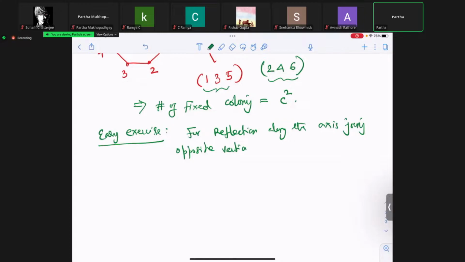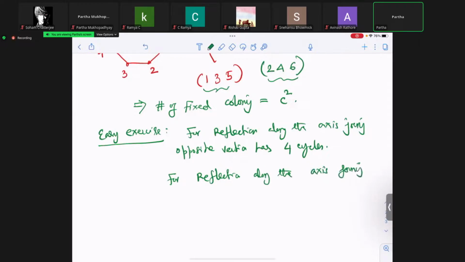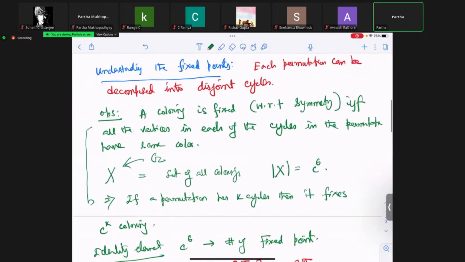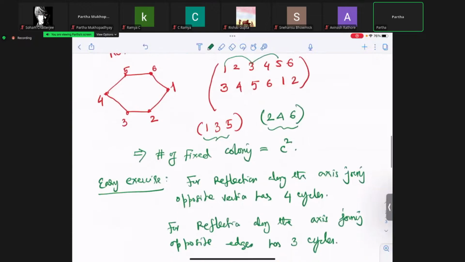I think it has 4 cycles. I'm just not doing it, it's mechanical. And for reflection along the axis joining opposite edges, it has 3 cycles. So this is the description, and for the rotations, all the other computations are similar. I just did it for j equal to 2. You can do it for all the values.